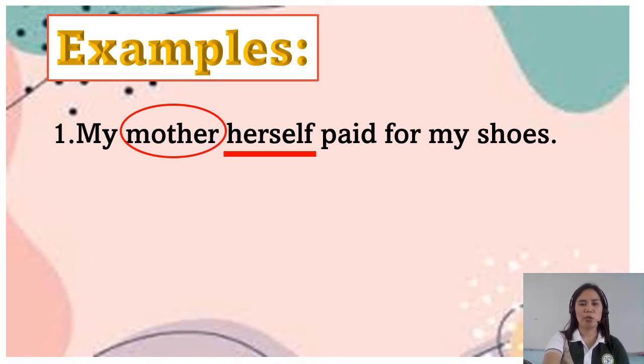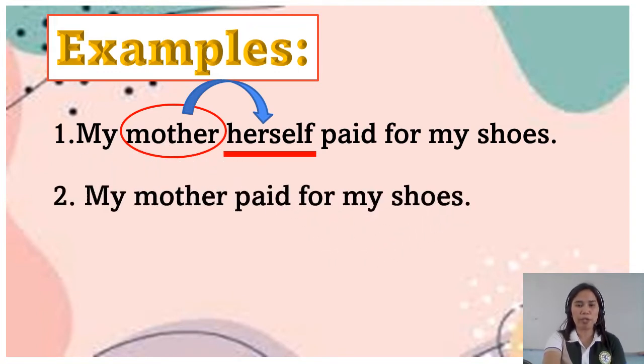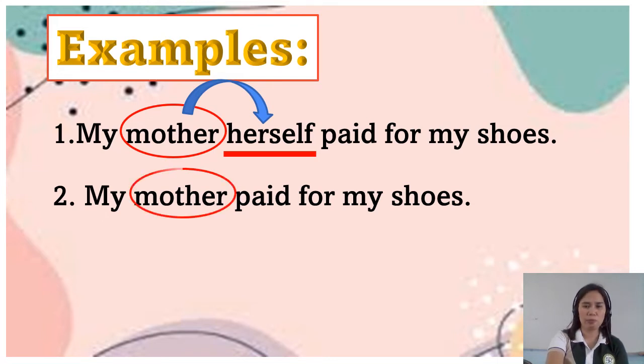Example number two is, my mother paid for my shoes. I omitted the intensive pronoun herself. Take a look at these two sentences. Even though I omit the intensive pronoun herself, the sentence doesn't change its meaning.